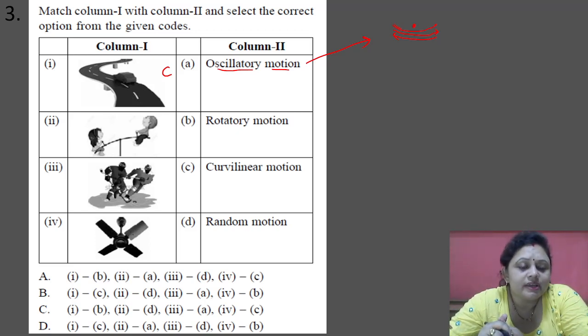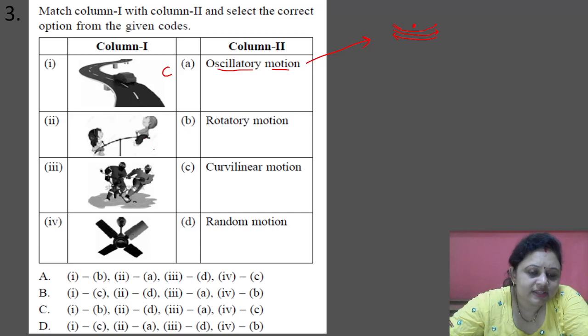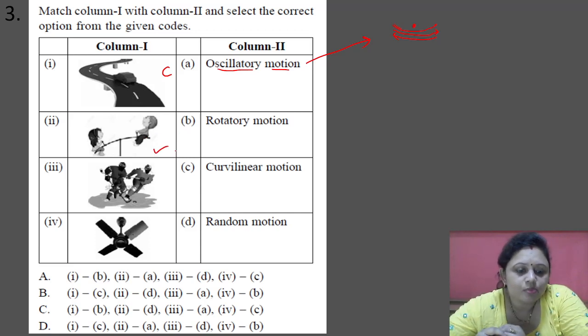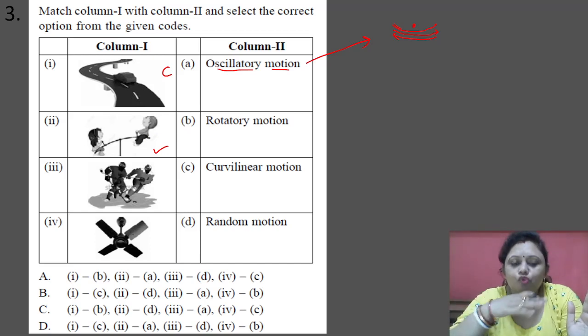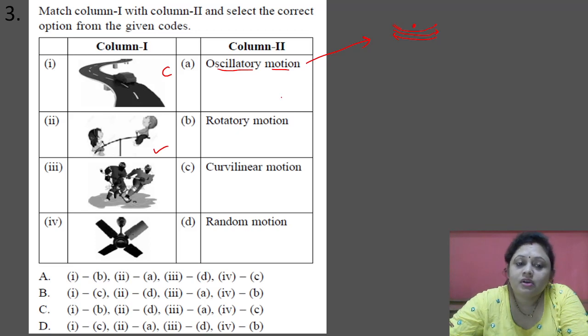So we can write C. Next, the two children are playing on a swing. What type of motion is this? This is oscillatory motion. You remember, that is the to and fro motion of the body about a fixed position. So we can write A.